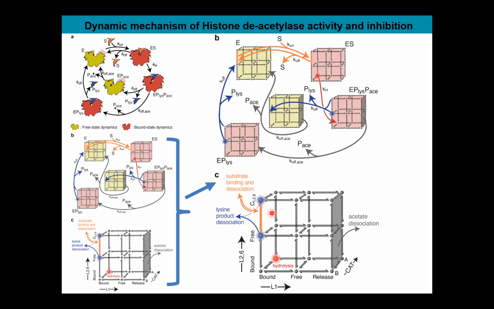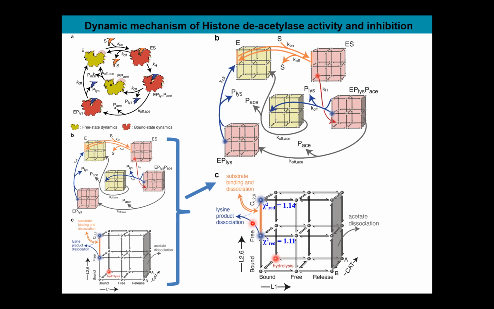And for that, when I performed a least square fit, I found the minimum reduced chi-square value where the L2, L6 region is either in the free state or in the release state. It means this lysine product dissociation and the substrate binding and dissociation is going to happen only from these 2 places.